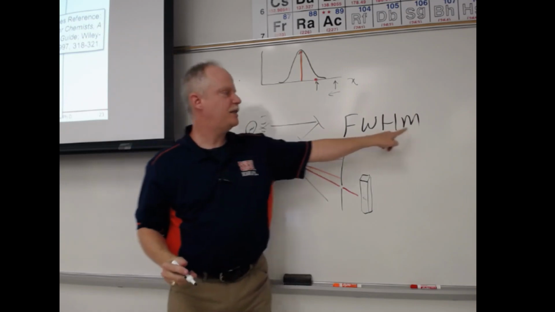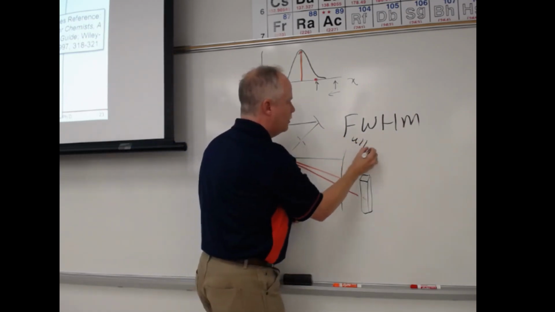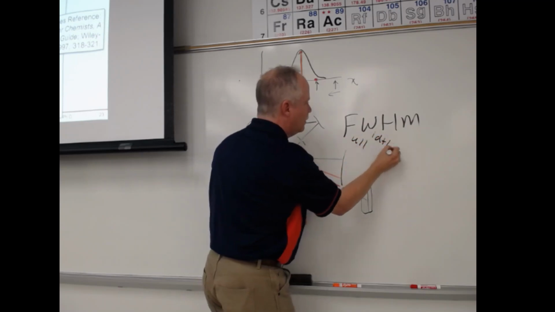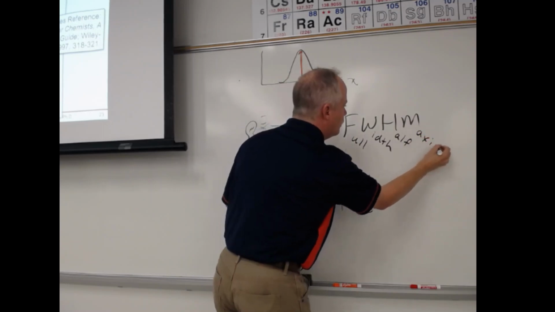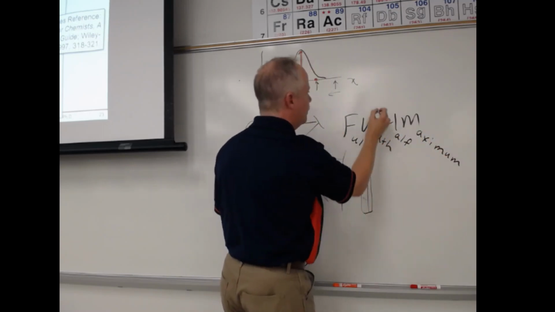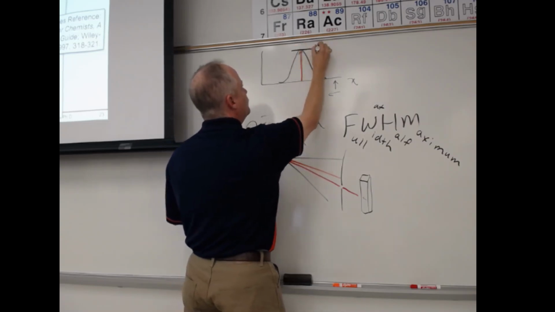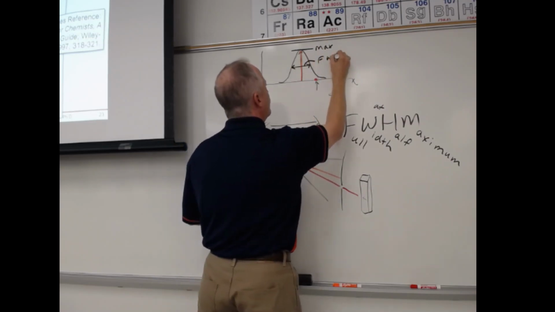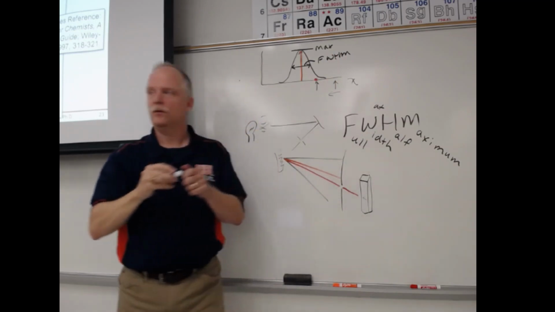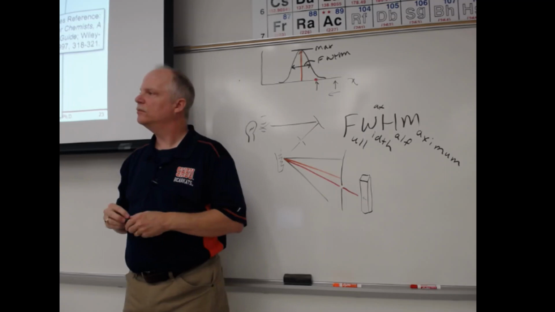So FWHM, that's the full width at half maximum. And so on our thing here, here's the maximum. And so then we're talking about the full width at half maximum. And that's a good spectroscopic term to know.